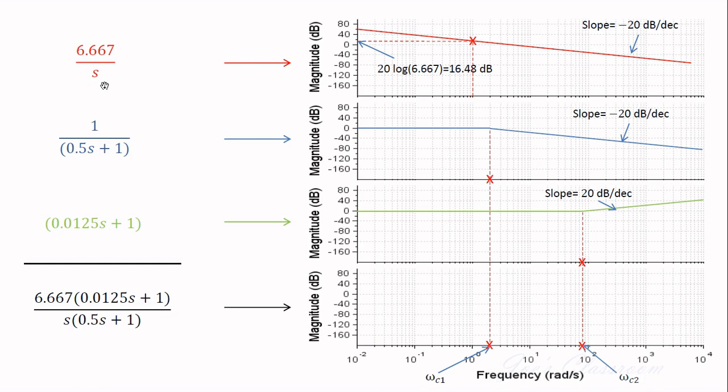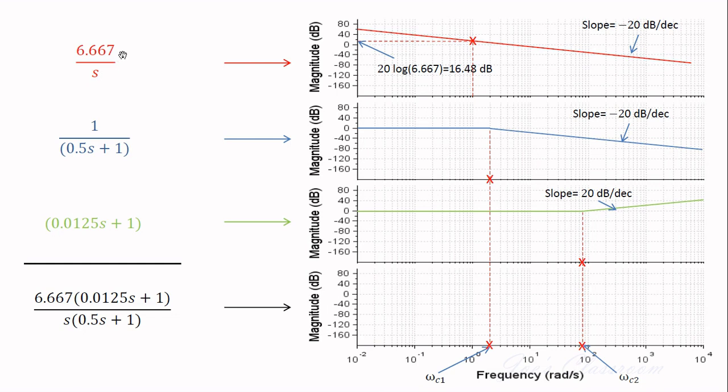So the general point of observation is, for all frequencies lower than the first corner frequency, the contribution is from the constant gain, integrator, or the differentiator.